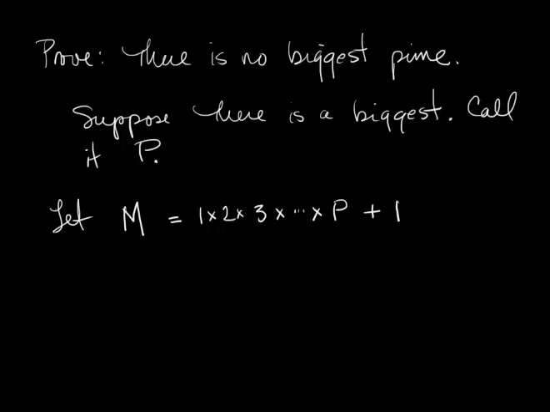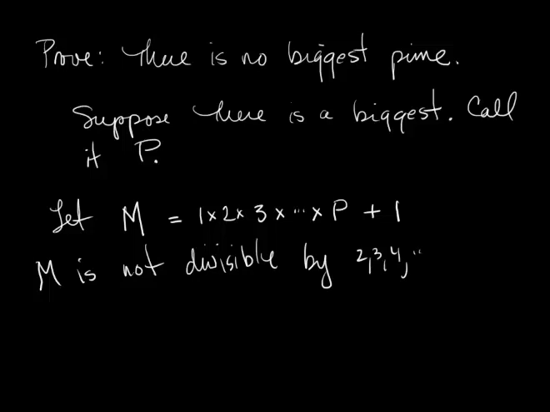So if we let M be that number, this was the trick, then M is not divisible by 2, 3, 4, all the way up to P. Therefore, it is not divisible by any prime, because we said P was the biggest prime. All of the other ones are less than P, so M is not divisible by any prime number.